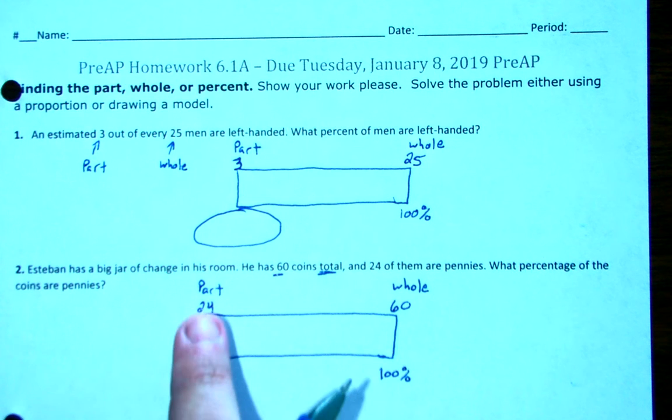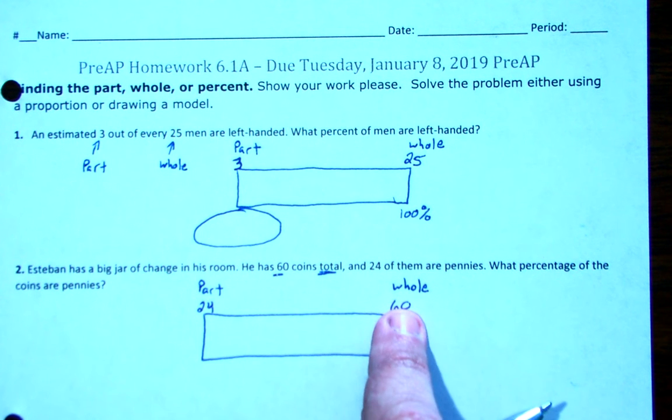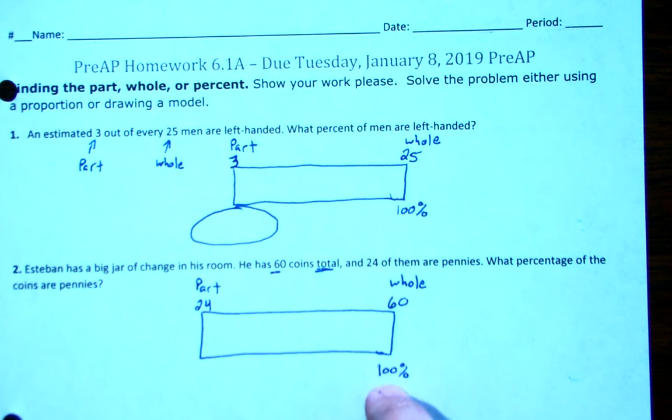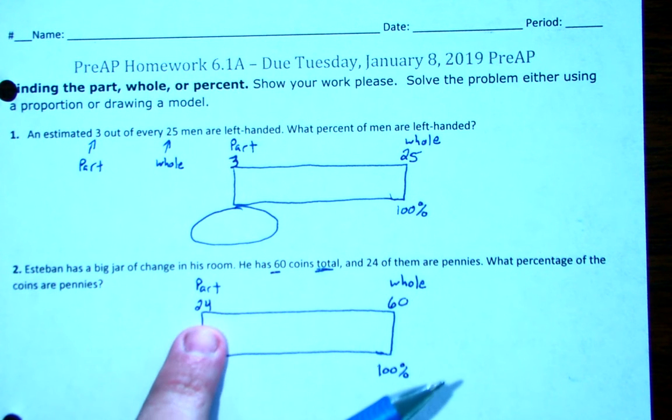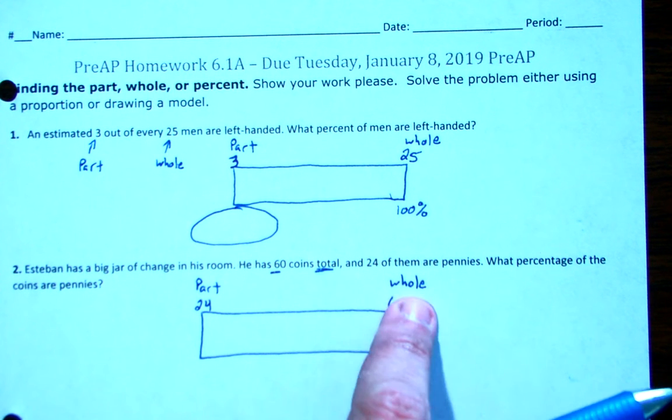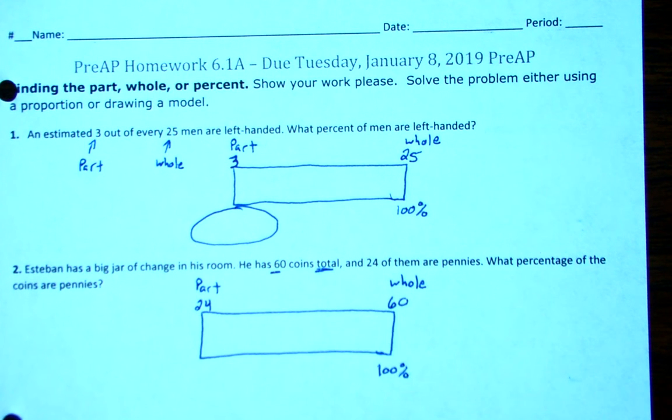Well, if you look, to go from 24 to 60 is not a good scale factor. To go from 60 to 100, that's also not a good scale factor. But here's what I can do. I can simplify 24 and 60. Well, you know what number goes into both 24 and 60 evenly? 12 does.